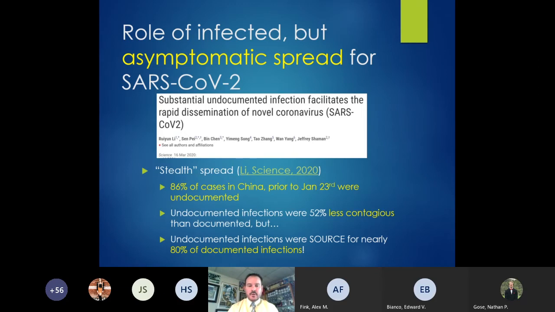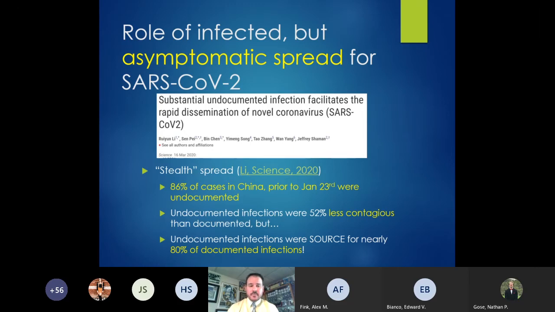So a significant number of folks that had been infected were probably asymptomatic. Another thing to recognize is that those folks, though, were seemingly about 50% less contagious than those that were documented. So although they were asymptomatic, they were less contagious. And so that probably makes sense.